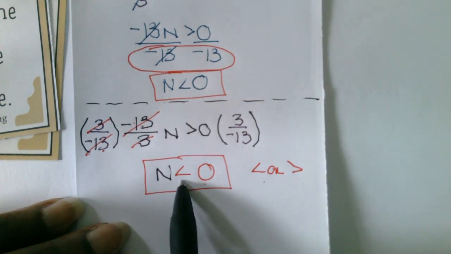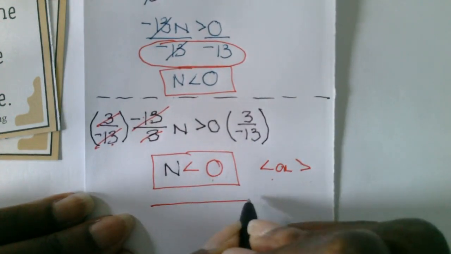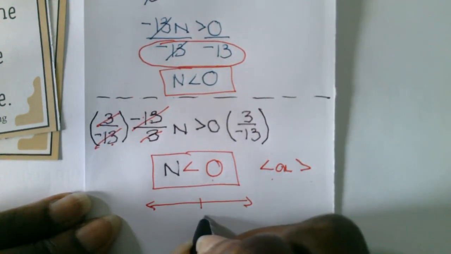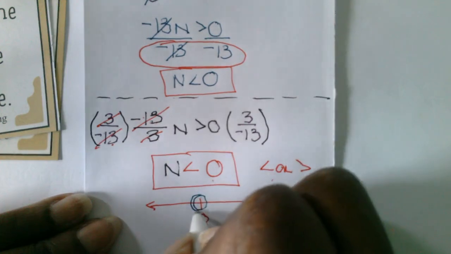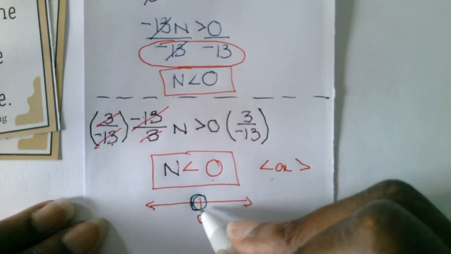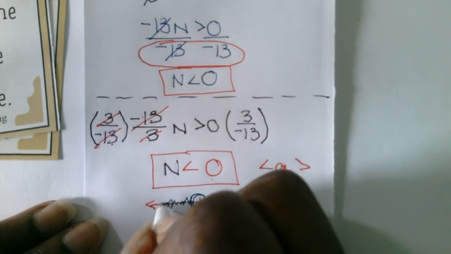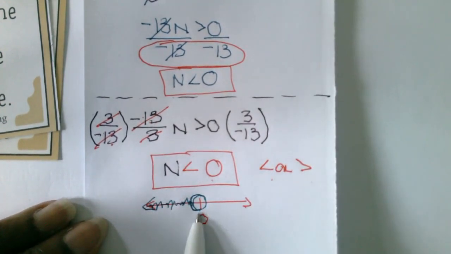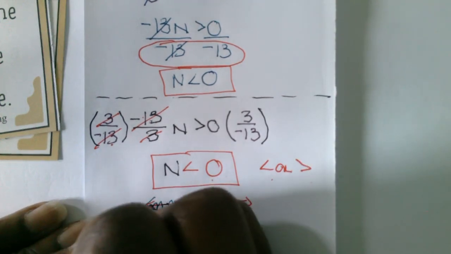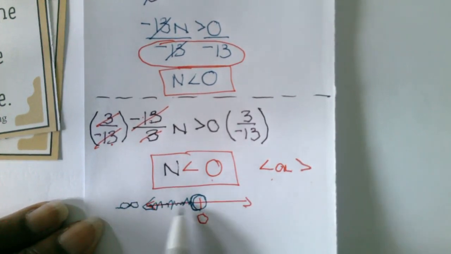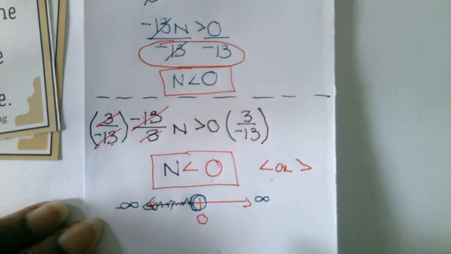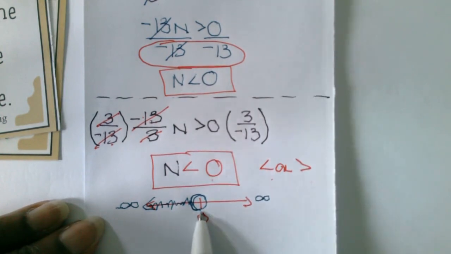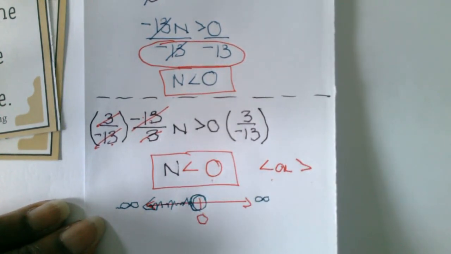So when you graph, it will be an open circle because we're still starting at 0, but you're going to shade to the left because this is where you go all the way to negative infinity. All your negative numbers are to the left of 0. All your positive numbers are to the right of 0. So the reason you have an open circle is because you're not including it.